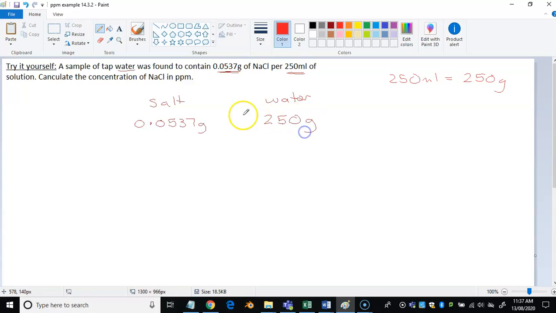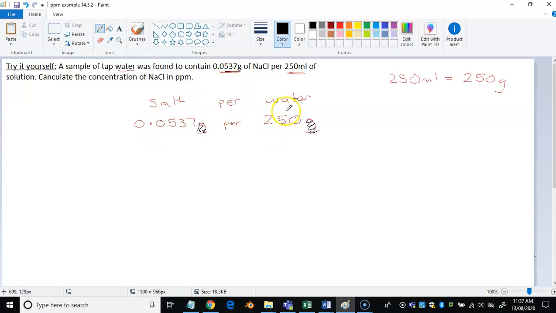So that's salt per water: 0.0537 grams per 250 grams. Because we've got the units the same here and here, we can ignore them because they can be any unit of mass. We'll stick with mass.